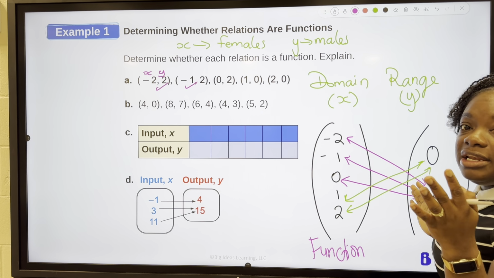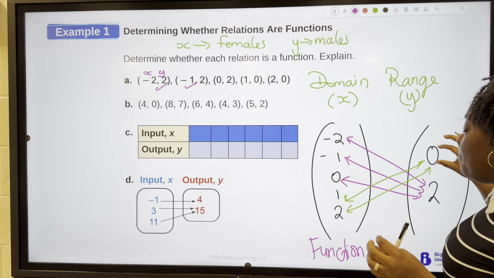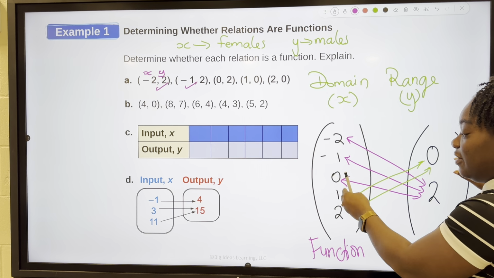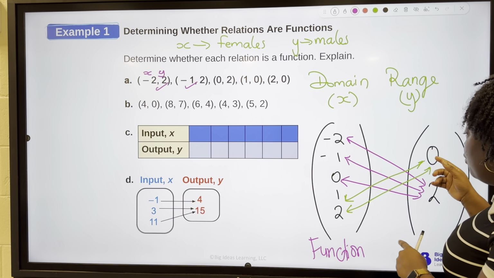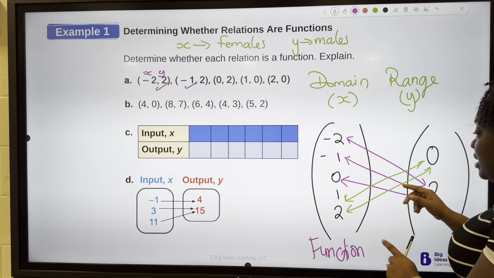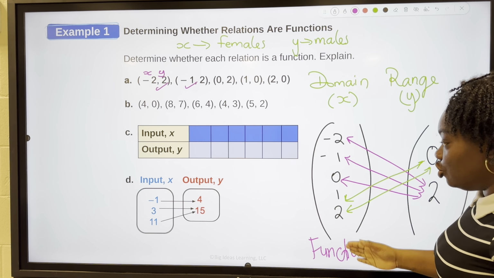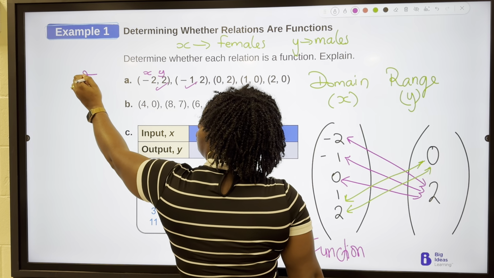Remember we said in some African cultures, it's okay for the male to have multiple wives, but it's not okay for the females to have multiple husbands. So even though he has more than one wife, it's still a function because it's just the females that are in question.